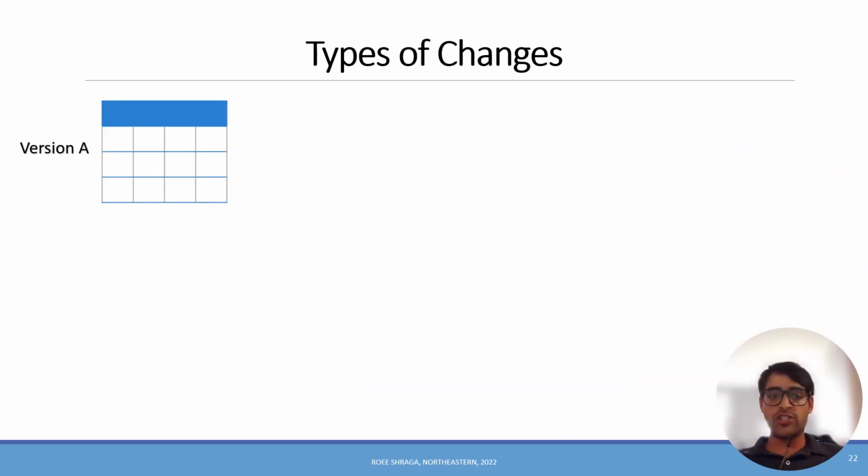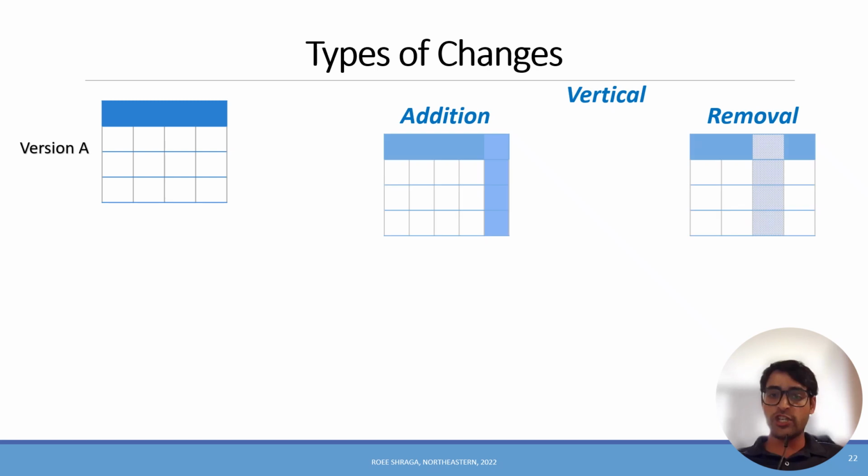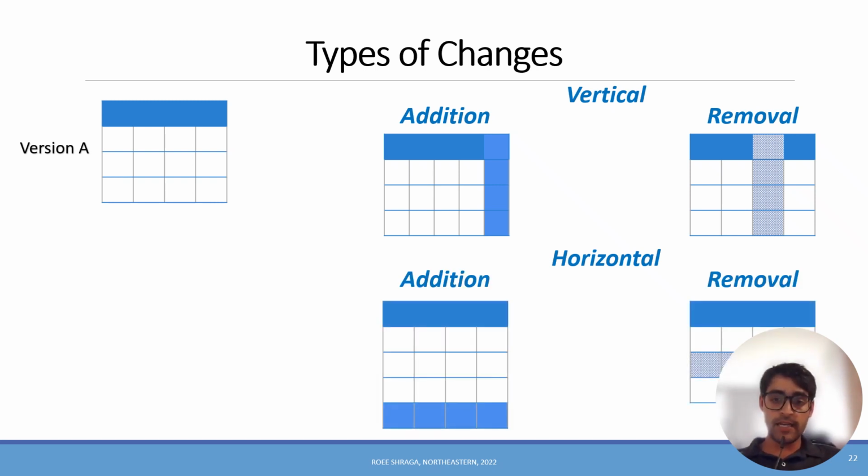So what type of changes are we looking at? Let's look at version A here. So we look at vertical changes, the type of changes that deals with columns, and we look at additional ones, so basically adding new attributes, and removal ones that basically look at removing attributes. We also look at horizontal changes, specifically added tuples and removed tuples.